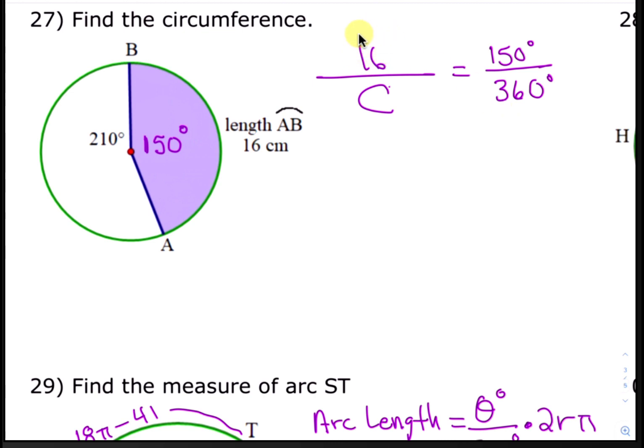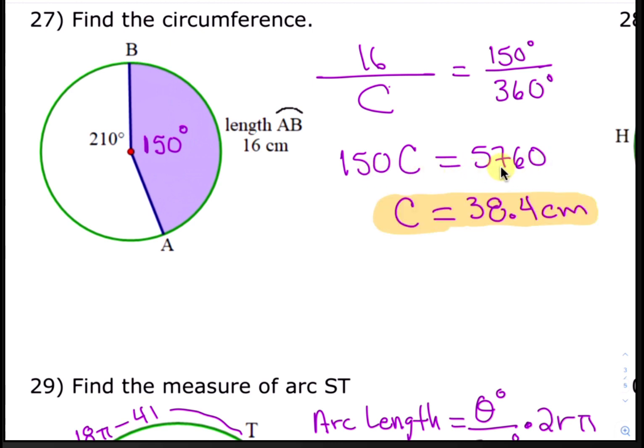So once again, the arc length divided by the entire circumference is equal to the degree measure of that arc, which is 150, divided by the degree of the entire circle, which is 360. Now if we cross multiply, we'll get 150 times c equals 16 times 360, which is the 5,760. Then we'll divide by 150 on both sides, and we get c is equal to 38.4 centimeters.